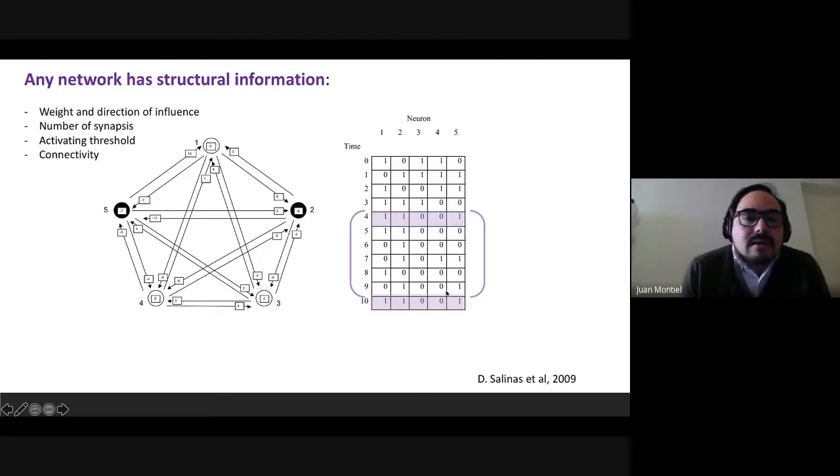After the students construct their network, they use random procedures to set the weights and the thresholds, for example, and then they have to change something. Sometimes it's the structure.